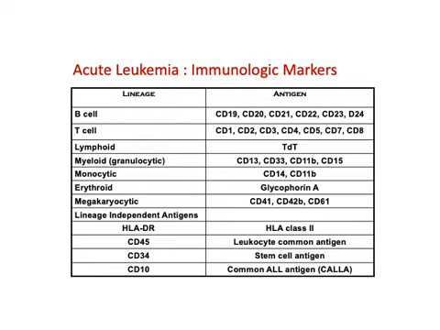More importantly, these immunologic markers are able to distinguish the different types of lymphoid cells. So we could classify the acute lymphoid leukemias based on their immunologic markers as B cell, T cell, or rarely natural killer cell leukemias.